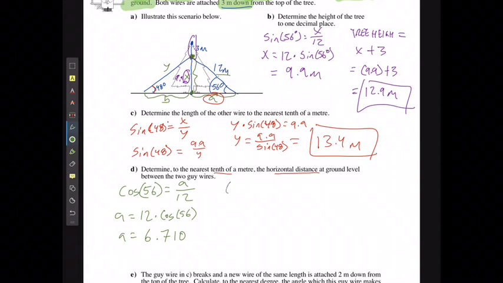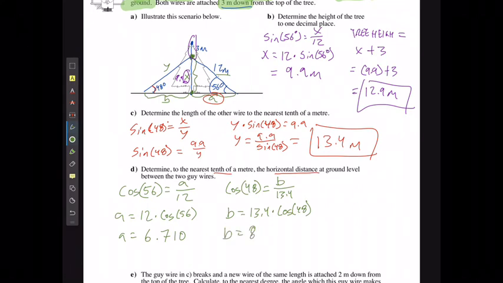I know that cos of 48 is going to equal B over 13.4 meters that we just solved, which means B is going to equal 13.4 times cos of 48, or B is going to equal 8.958.